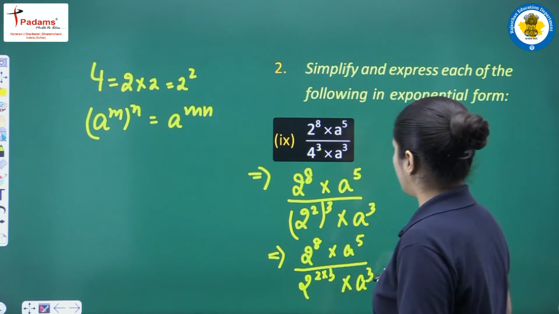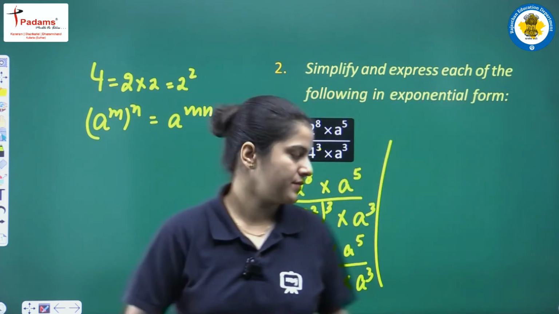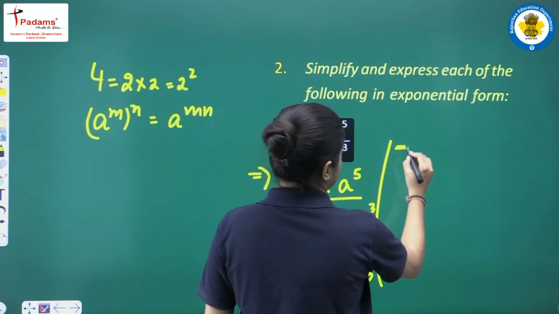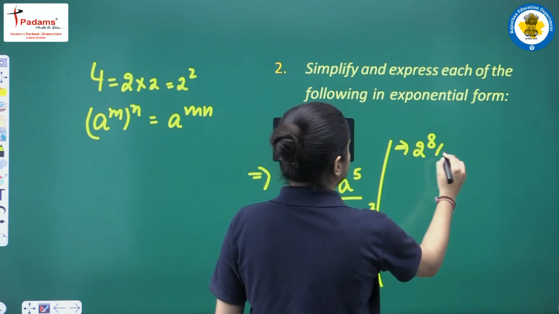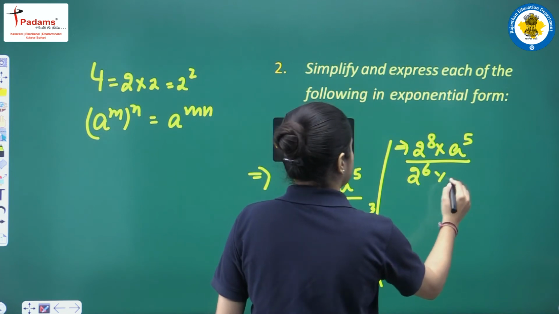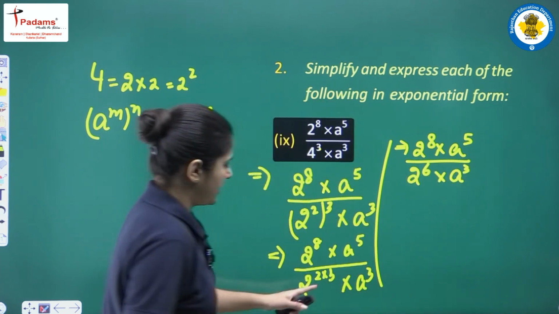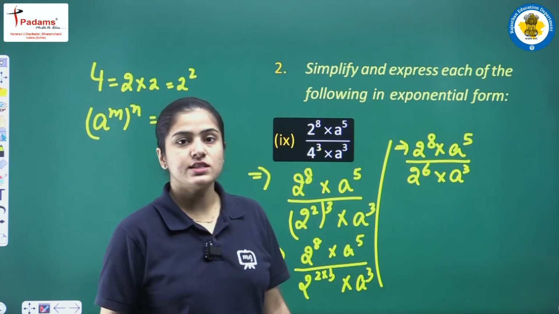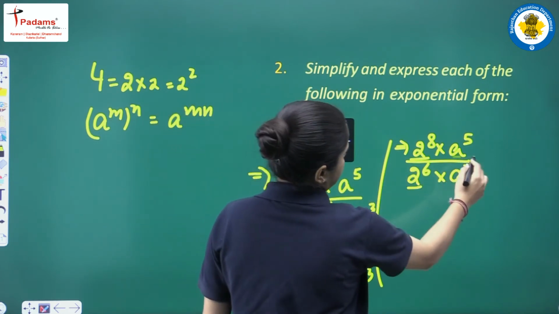Alright students, now look here. This is 2 raised to power 8 into a raised to power 5 upon 2 raised to power 6 into a raised to power 3. 2 into 3 is 6. Alright students, now have a look at this thing and this thing.